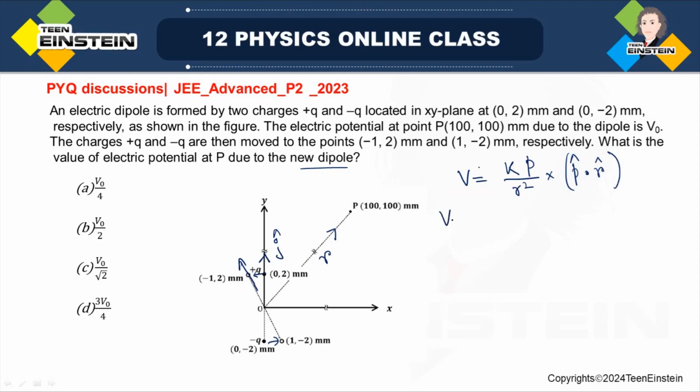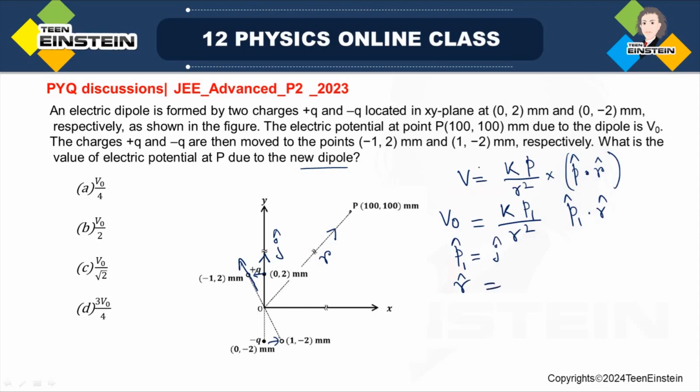Let me write down. For the first dipole it is given as V0 is equal to K into P1 divided by R square, P1 cap dot R cap. So what is this P1 cap? We know P1 cap is j cap only. And what is this R cap?